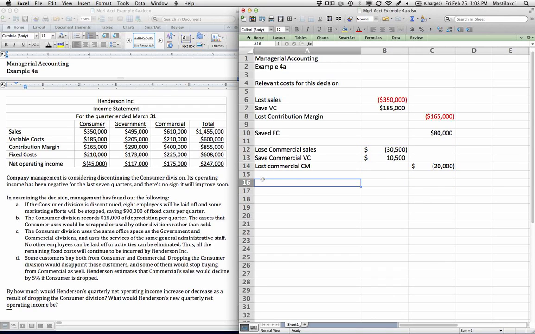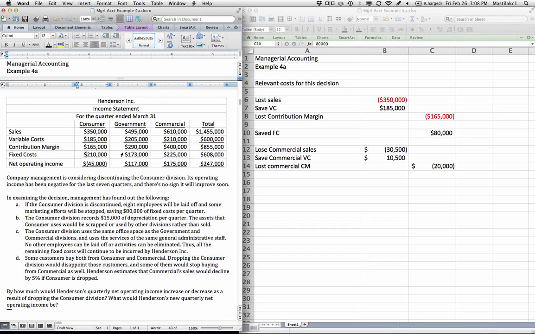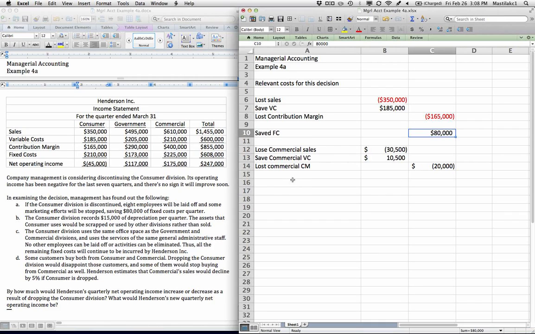So in this decision to drop the consumer division, we lose $165,000 of consumer's own contribution margin. We only get to save $80,000 of fixed costs. The other fixed costs that are reported here are either costs that are common across our three divisions that aren't going to change, or they're sunk costs that we can't undo. And on top of that, we also lose $20,000 of commercial contribution margin from the other division.